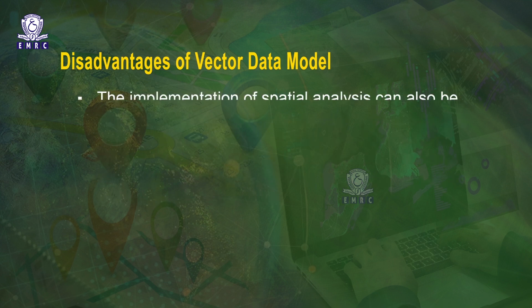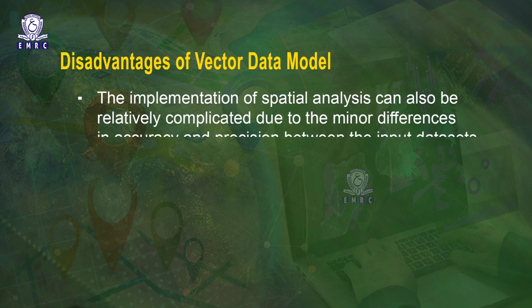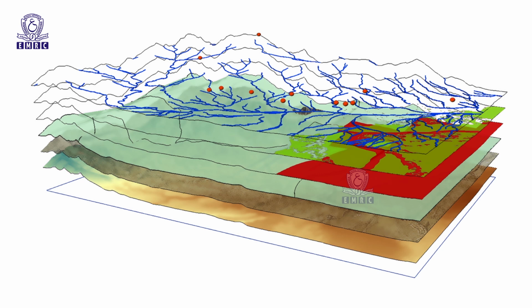Second, the implementation of spatial analysis can also be relatively complicated due to minor differences in accuracy and precision between the input data sets. Similarly, the algorithms for manipulating and analyzing vector data are complex and can lead to intensive processing requirements, particularly when dealing with large data sets.